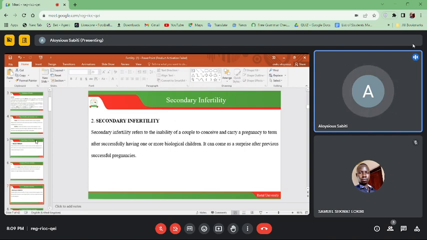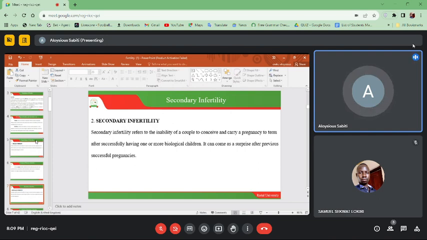So the second type is secondary infertility, which refers to the inability to conceive and carry a pregnancy to term after successfully having one or more biological children. It can come as a surprise after some previous successful pregnancies.